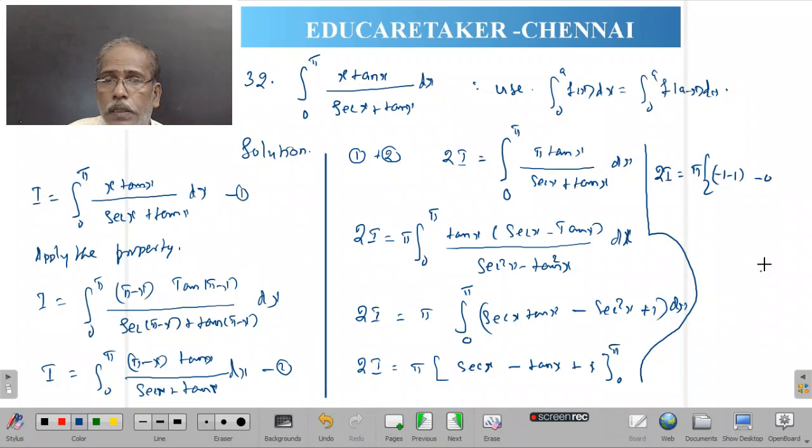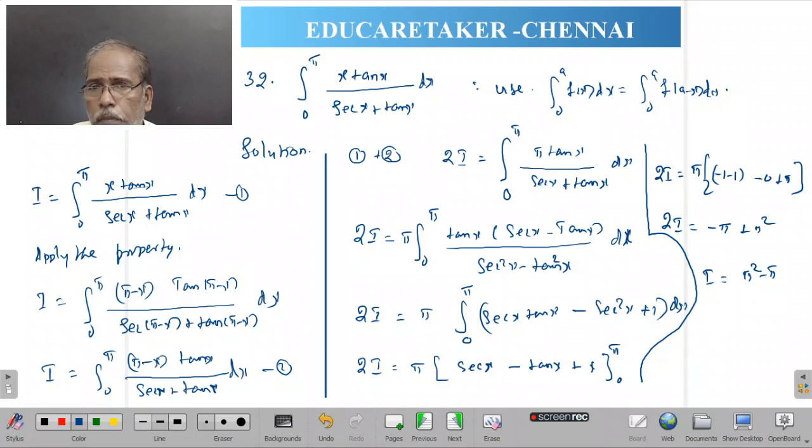Then pi minus 0 plus pi. Then 2I is minus 1 minus 1, that is minus 2, and pi into pi, pi square. Then I is pi square minus pi by 2. So this is the answer, and copy it.